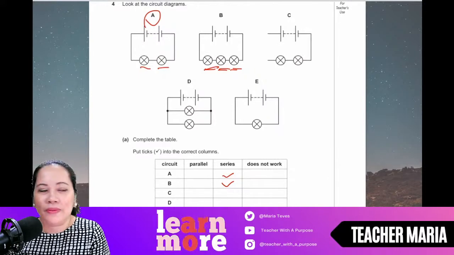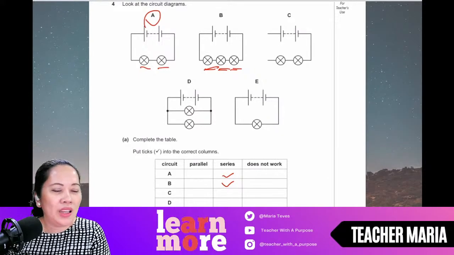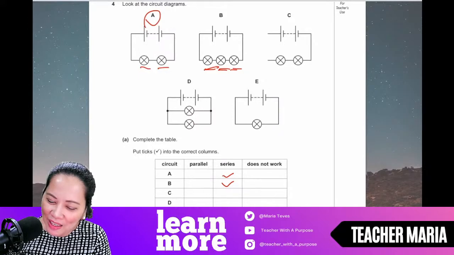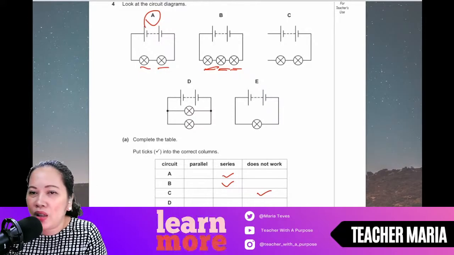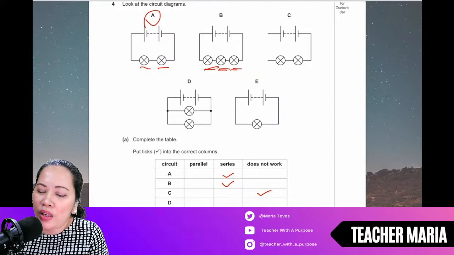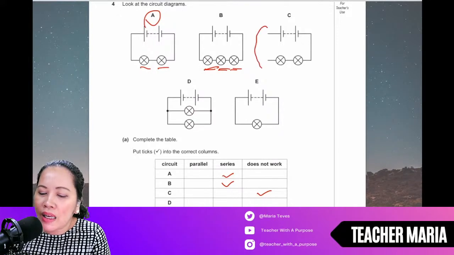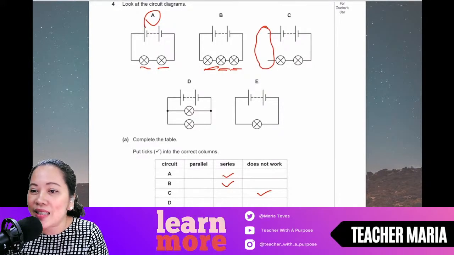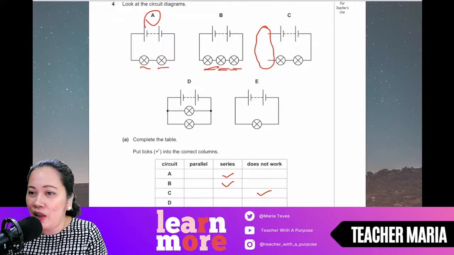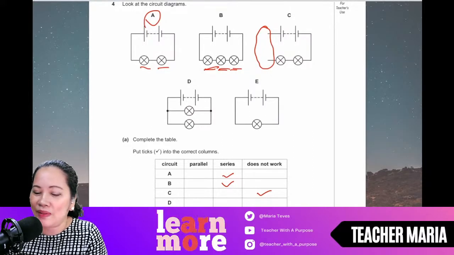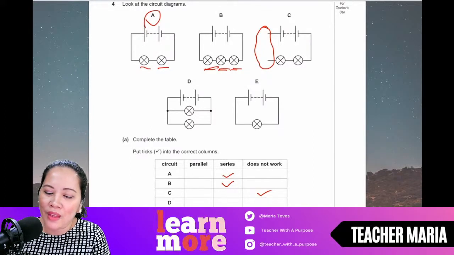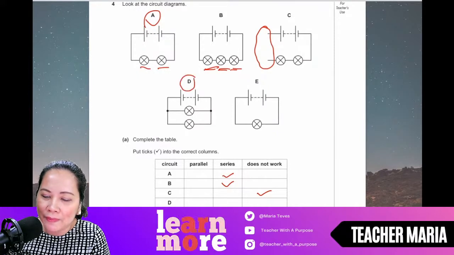It doesn't work. Yes, you are correct. Why does it not work? It's because it has a missing part here. It's not connected at all. If there's no connection, it doesn't work.